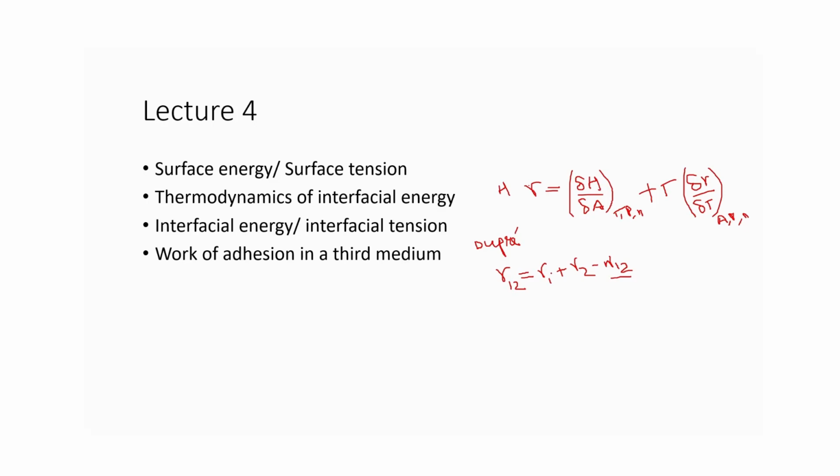So gamma 12 equals gamma 1 plus gamma 2 minus W12.